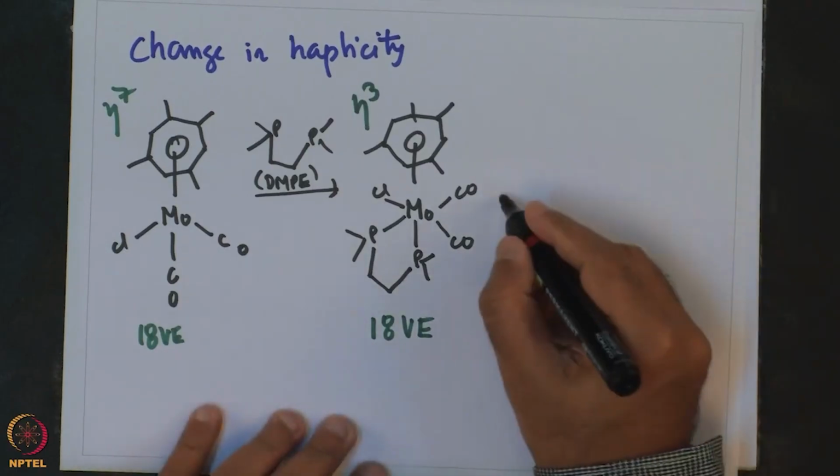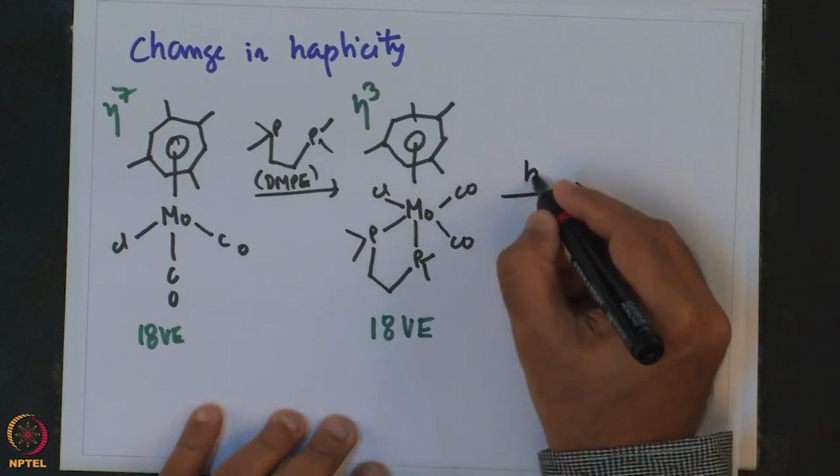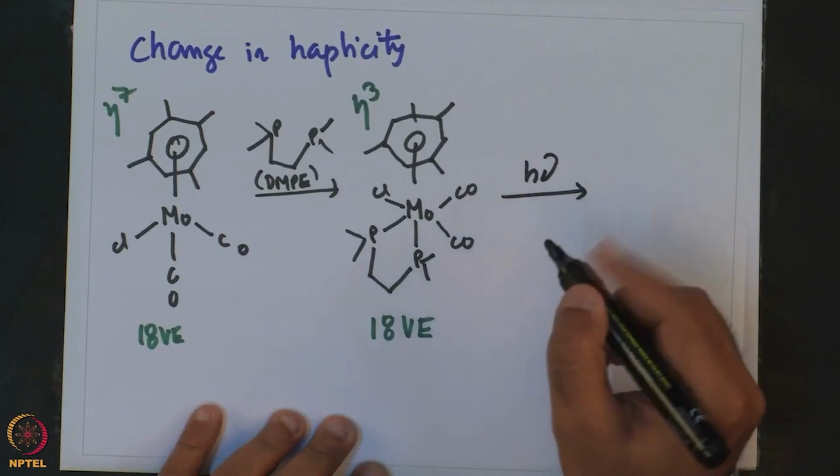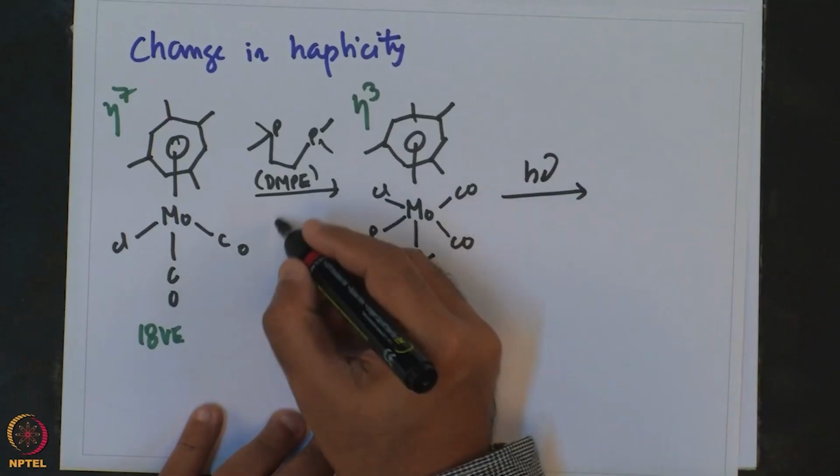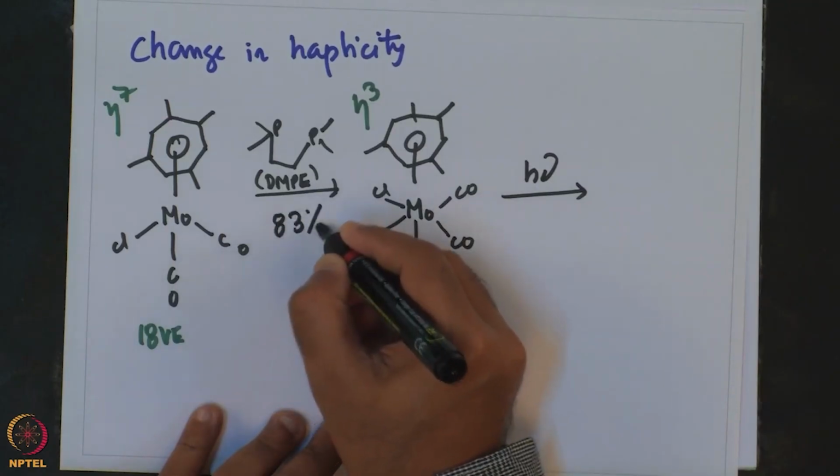which eliminates carbon monoxide, and this forward reaction is very high yielding, formed in 83% yield.